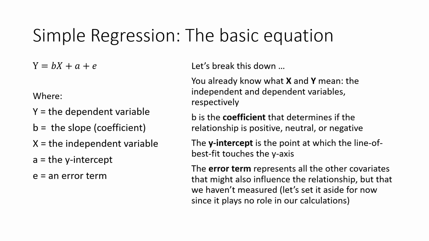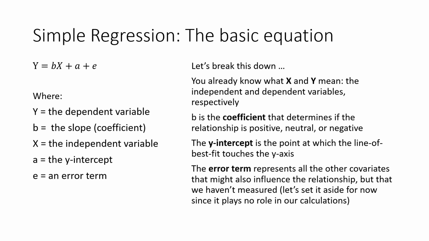And B is a number that signals to you whether the relationship between X and Y is positive, neutral, or negative. So if B is a positive number, that suggests a positive relationship between X and Y. If B is a negative number, that suggests a negative relationship. And if B is 0, that suggests a neutral relationship between X and Y.